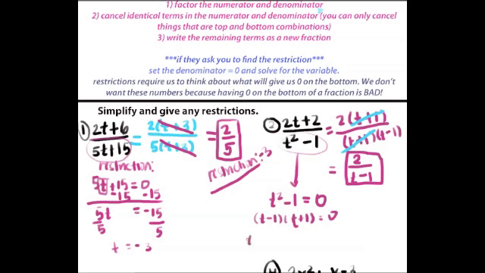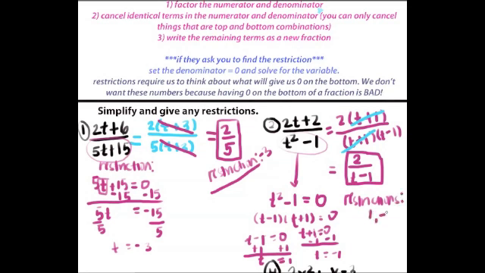We go t minus 1 equals 0, t plus 1 equals 0, and so we get, add 1, t equals 1; minus 1, minus 1, t equals negative 1. So I have my 2 over t minus 1 as the simplifying part, and then I write restrictions, and my answers for that are 1 and negative 1. Okay, so 2 answers for these.